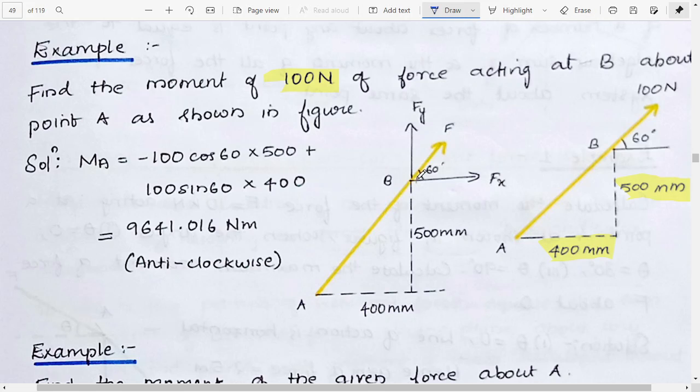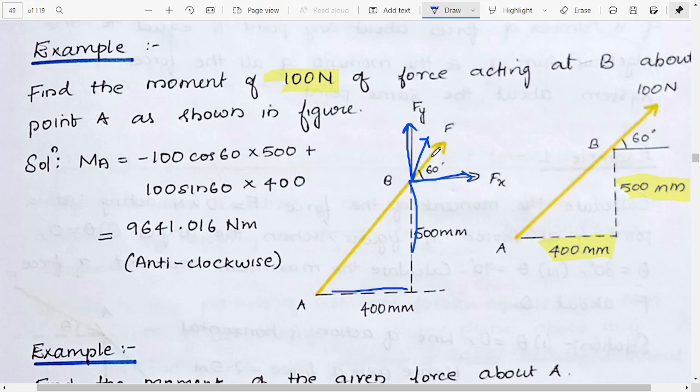Actually the 60-degree angle won't be like this, it will be somewhere around here like this. And if you resolve this force into horizontal and vertical, then the Fy force, multiplied by 400, will give the moment on that side, and Fx into 500 will give the moment on that side.